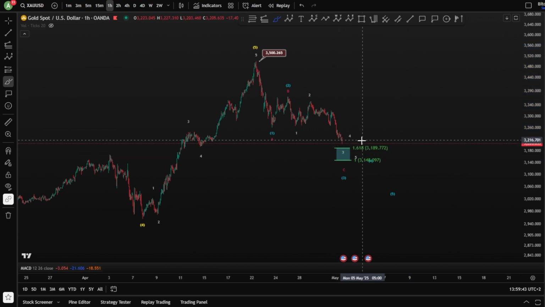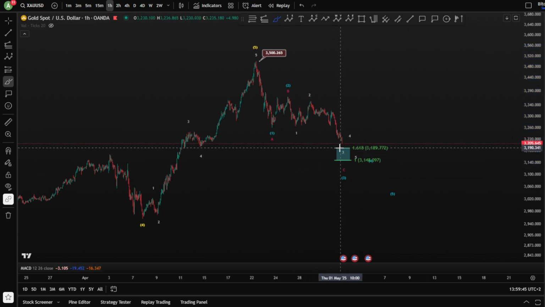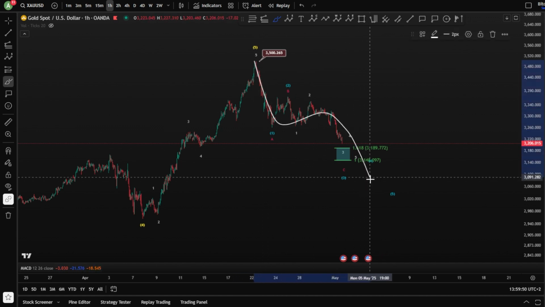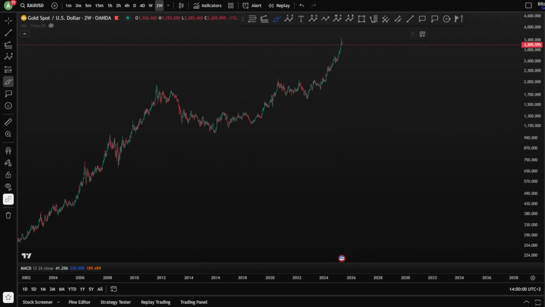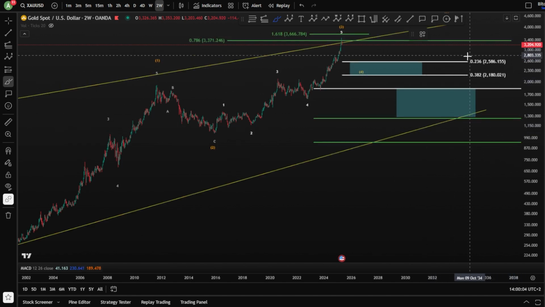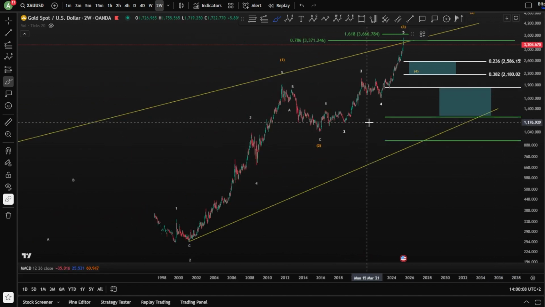However, higher possibility right now on the daily and on the bigger time frame is that we are in a deeper correction, and basically we want to reach the 2,500. If we take a closer look at the all-time history here, we are looking at the following targets: 2,586, 2,180.